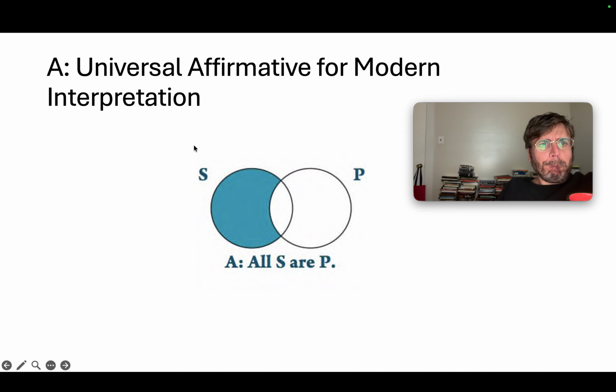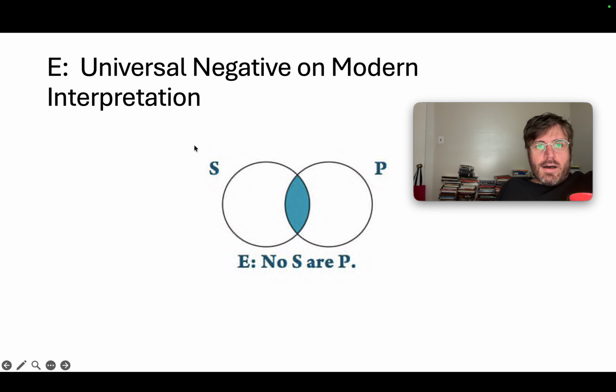Okay? For the E proposition, the universal negative on the modern interpretation, no S are P, you will find shading in region 2. Why? Well, there's nothing in there. To say that no S are P means that no S that exists is also a P. And the second region is precisely where S is also P at the same time.